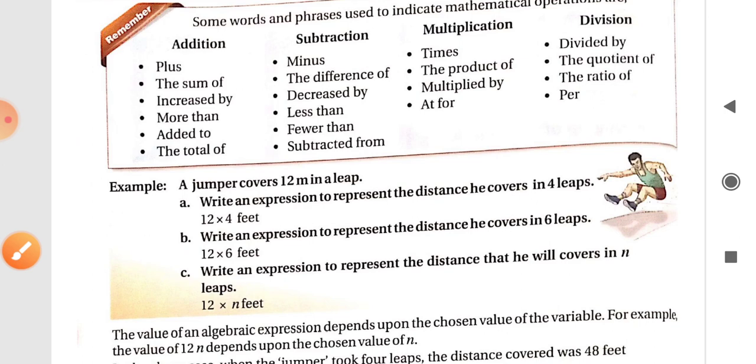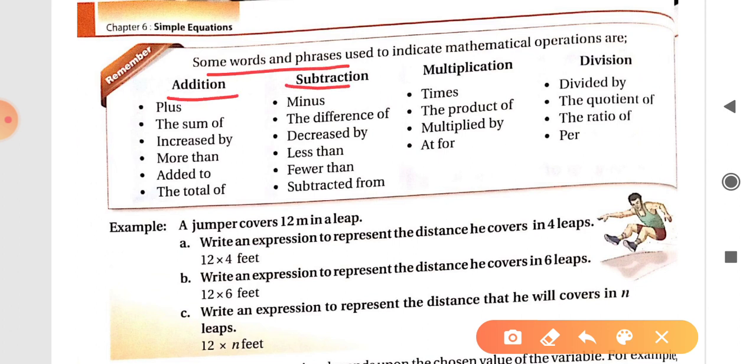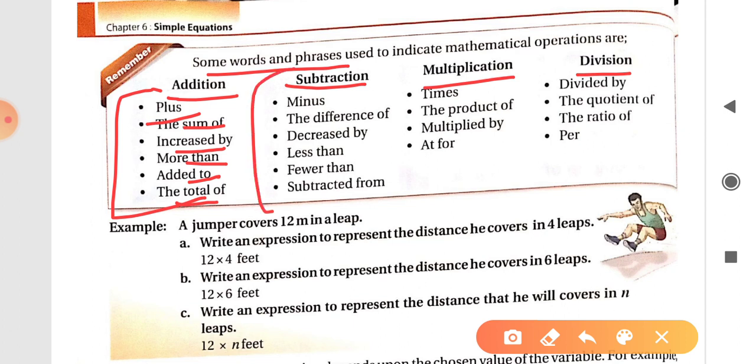For the statements, some words and phrases can be used for addition, subtraction, multiplication and division. These terms can be used for addition, that is plus, sum of, increased by, more than, added to and the total of. All these terms mean addition. Similarly for subtraction, multiplication and division, some terms are given that can be used in place of these terms.